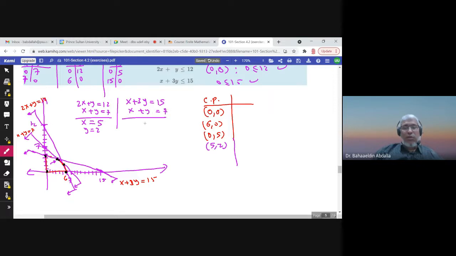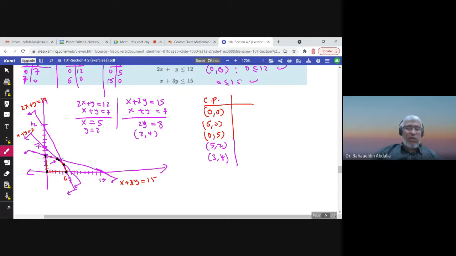So subtract: 3y minus y is 2y, 15 minus 7 is 8. So y is 4 and x is 3. So this point has coordinates (3, 4), and this one (5, 2). And this one (6, 0). That's good. Okay, that's enough.